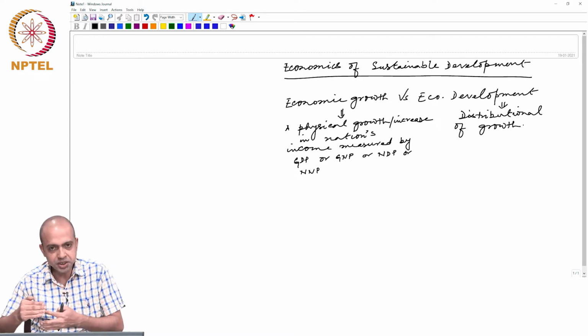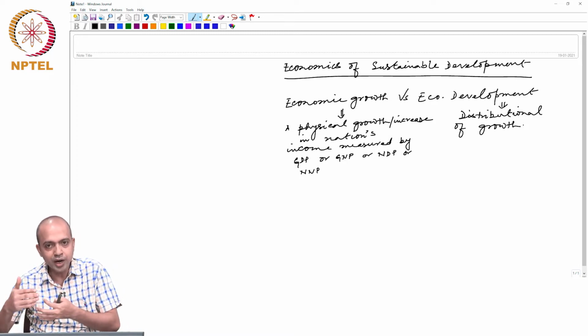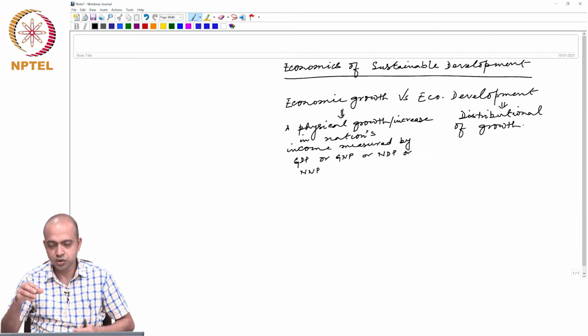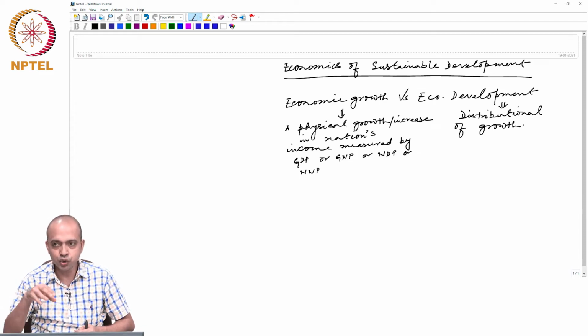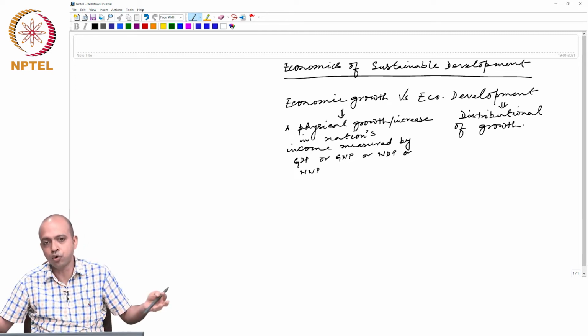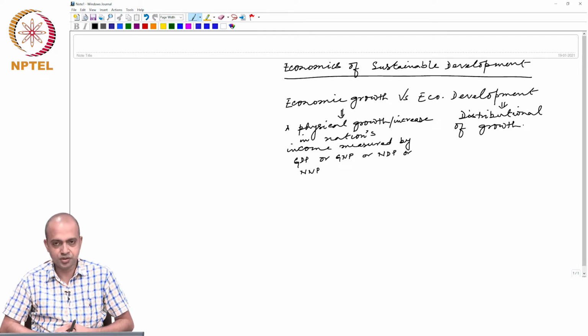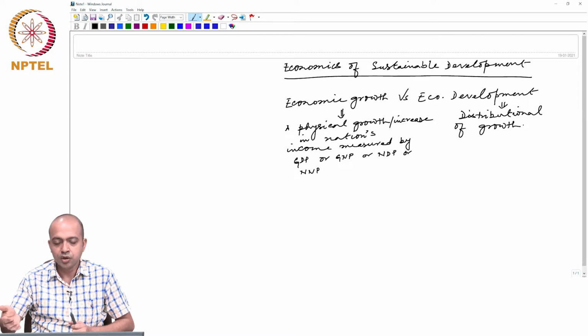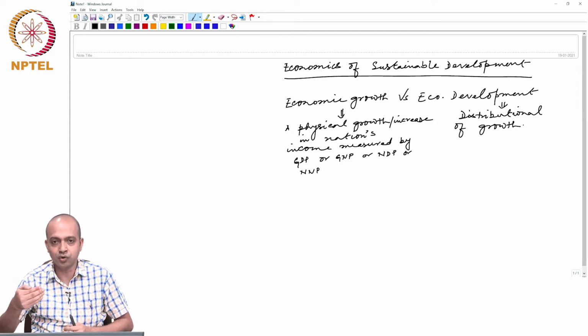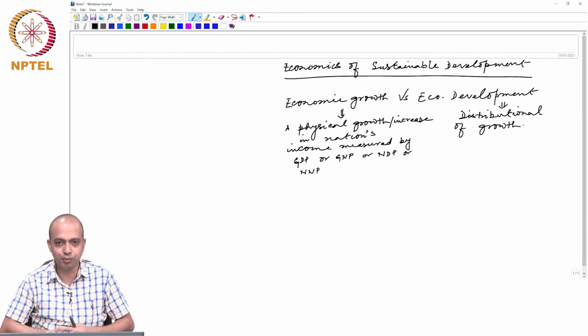So, growth is necessary, but then we need to adopt appropriate policies so that we can ensure a proper distribution of this economic growth among all the citizens. Then only the standard of living, quality of living will improve, okay? And then we will say that the country is growing, and at the same time there is overall economic development, right?